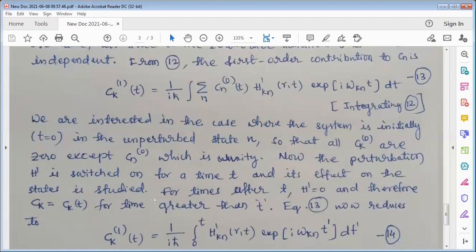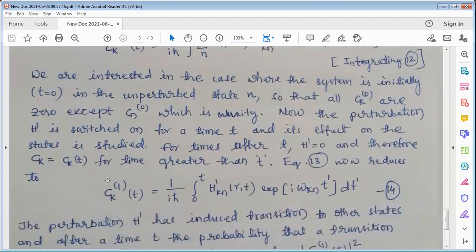And now the perturbation H dash is switched on for a time t, and its effect on the states is studied. Now the perturbation is switched on means we may apply some external electric field, magnetic field, all those things, or you change the frequency. They all become the perturbation. And for times after t, H dash is equal to 0.